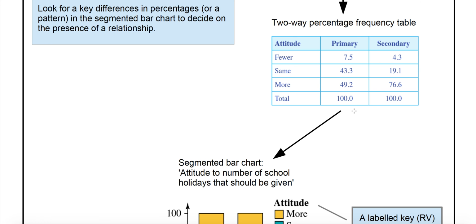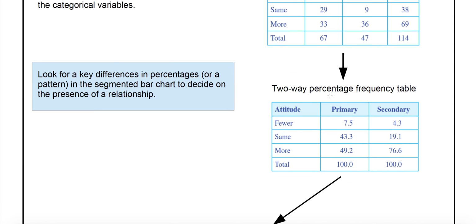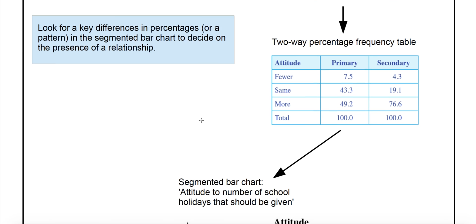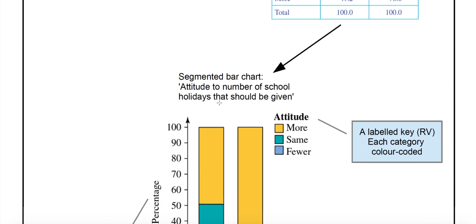And obviously when you're dealing with data, you can see here how it wasn't the same number of students that were surveyed, so only 47 secondary students, 67 primary. That's one of the reasons a percentage frequency table is so handy, because you can look at it in percentage terms instead of how many. So from here, we can then create something that looks like this.